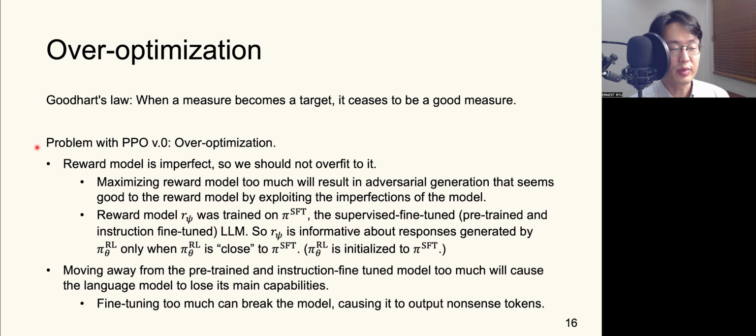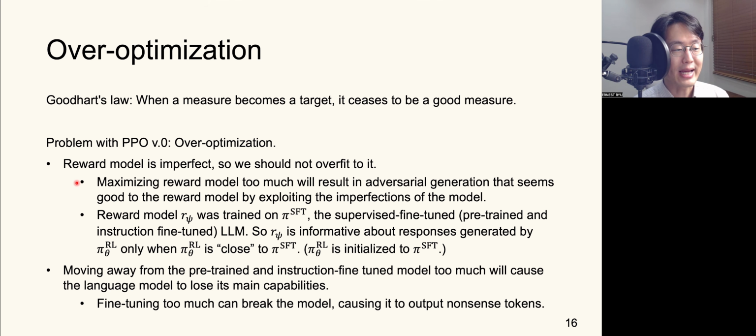So when you run the algorithm PPO version 0, as stated in the previous slide, you run into this issue of over-optimization. The reward model that we trained based on the human feedback is imperfect. So we must be careful not to overfit to it.